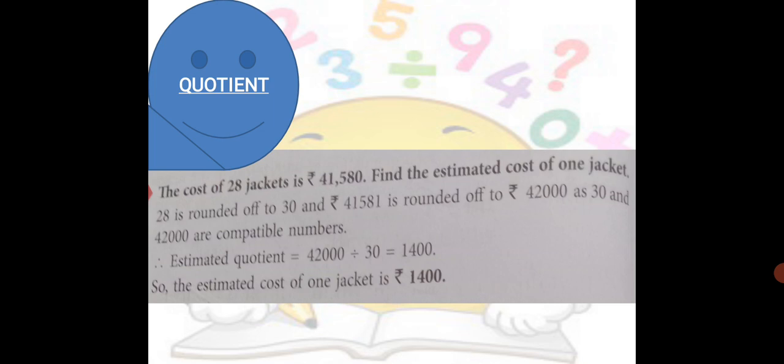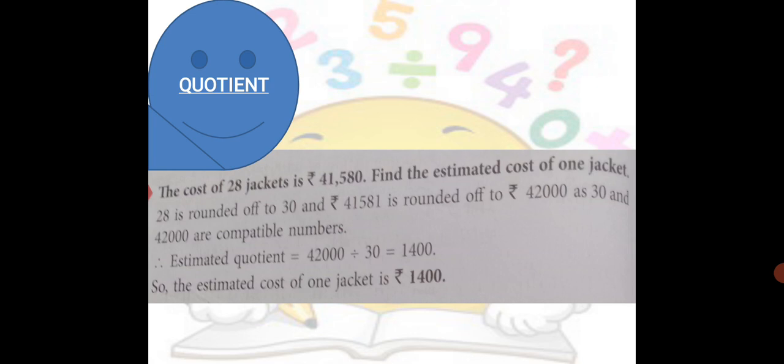So after rounding off 28, the value is 30. And now we will round off rupees 41,580. If we round off this value, we will get the result 42,000.